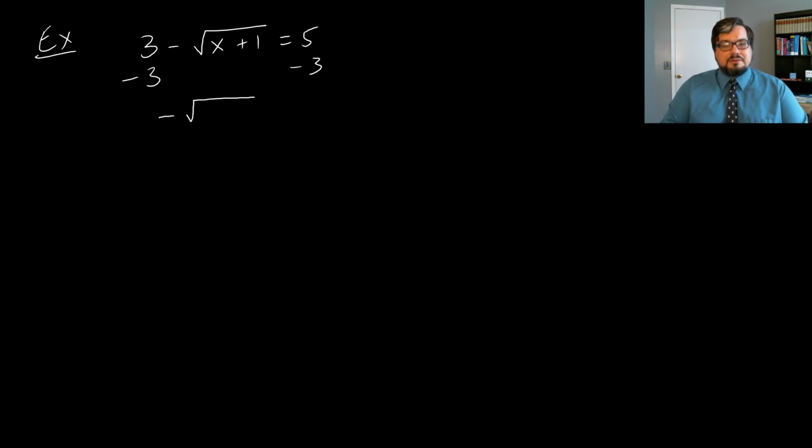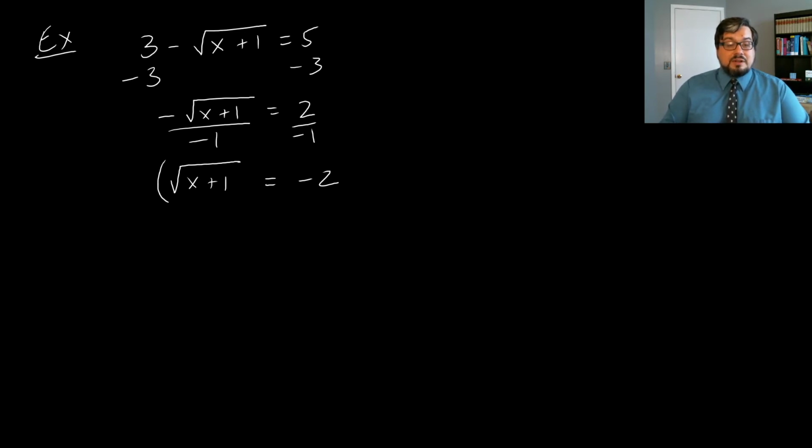We get negative square root of x plus 1 equals 2 after subtracting 3 on both sides. We need to get rid of this negative. We can do that by dividing both sides by negative 1. Or we could multiply both sides by negative 1. That would work too. Negative divided by negative is positive, so we get the square root of x plus 1 equals negative 2.